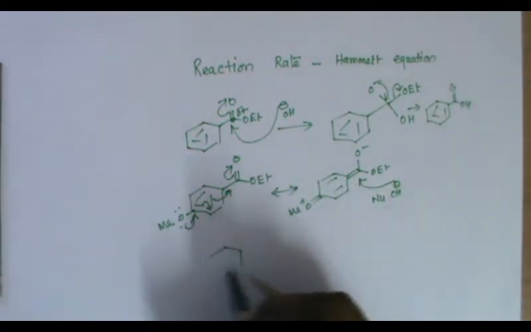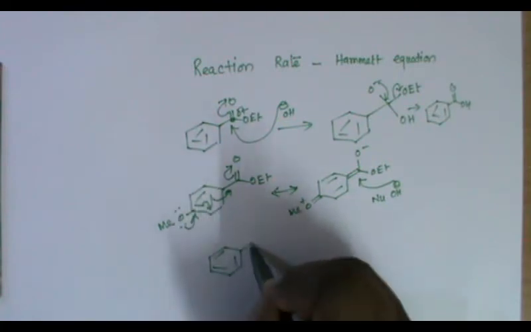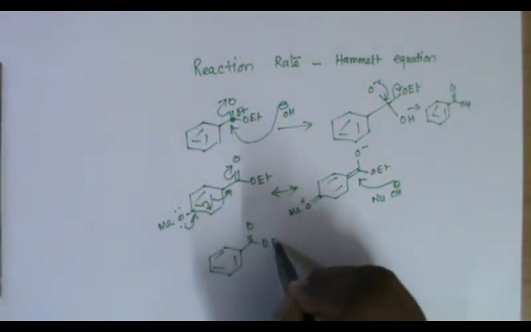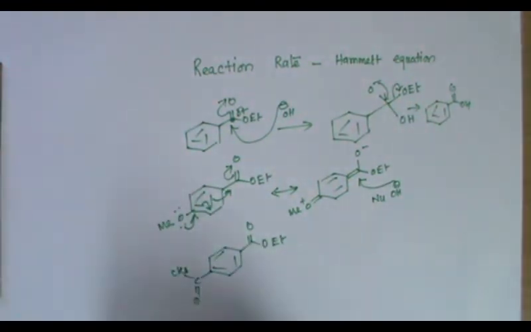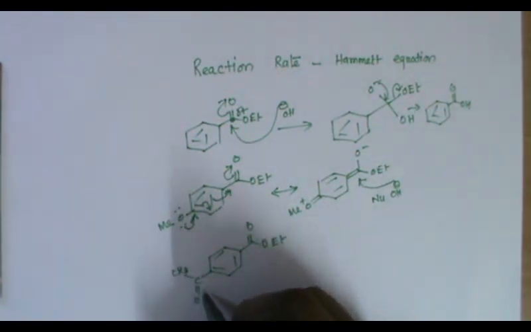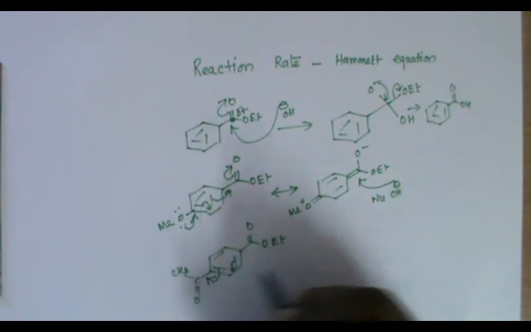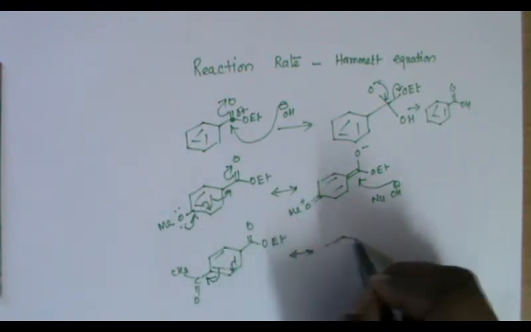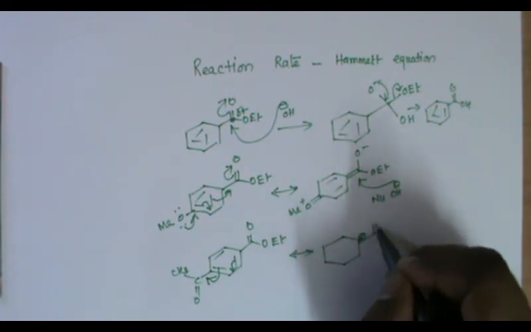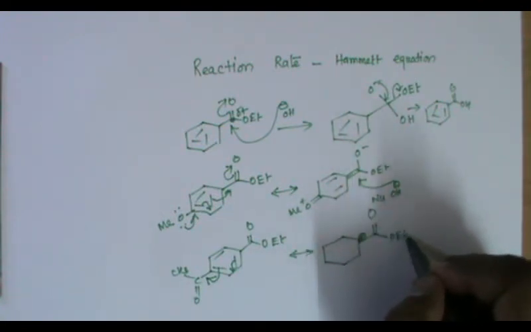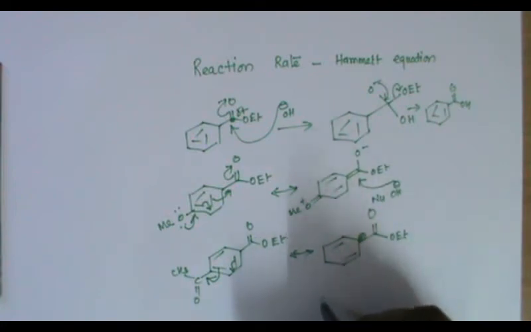I go for another system, like this. Since it is an electron withdrawing group, it pulls the electron from here. So what we get is plus charge on this carbon and like this.